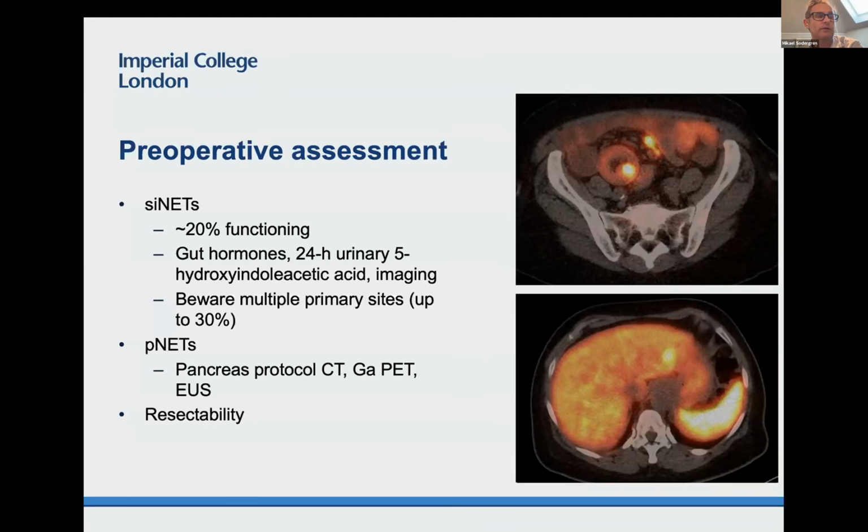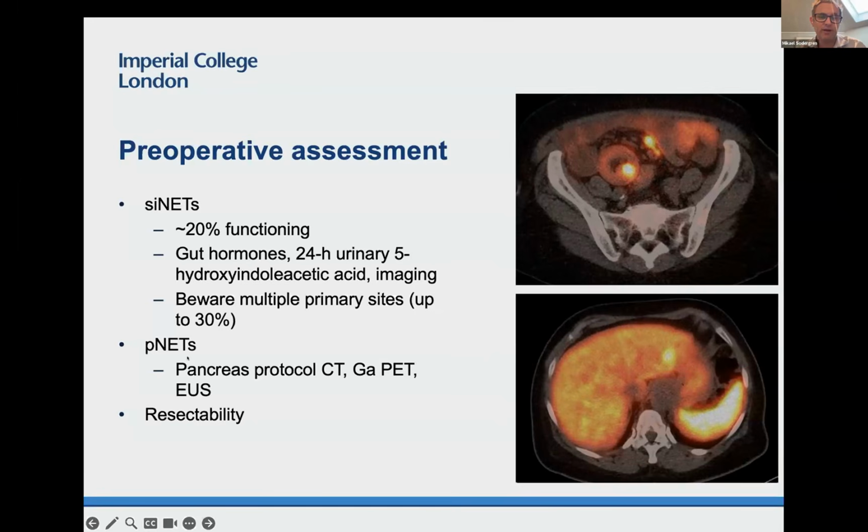The way that we visualize those is through conventional CT cross-sectional imaging with arterial and portal venous phases, so we can clearly define the course of the superior mesenteric artery and the superior mesenteric vein down in the mesentery. Here you can see a couple of examples of gallium dotatate PET scans where you have activity inside the bowel and inside the liver.